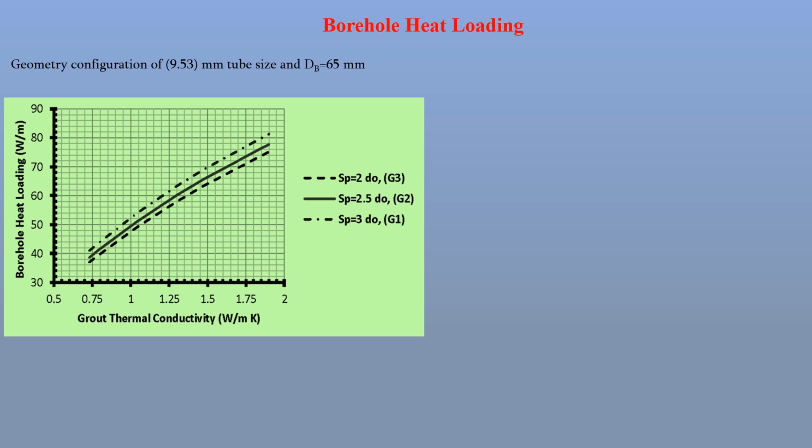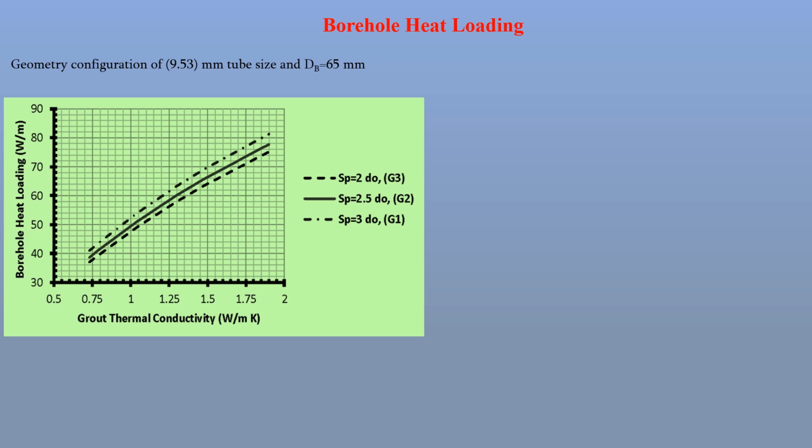The borehole heat loading, when we use the results of the geometry at 9.53 millimeter tube size and D bore equals 65 millimeter with variable tube spacing, then we will get the higher heat loading when SP is 3D naught, and the minimum will be at SP equal to 2D naught.